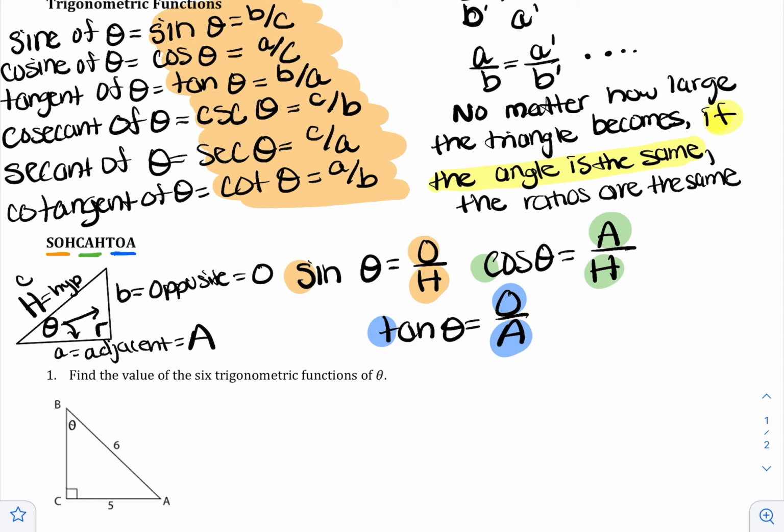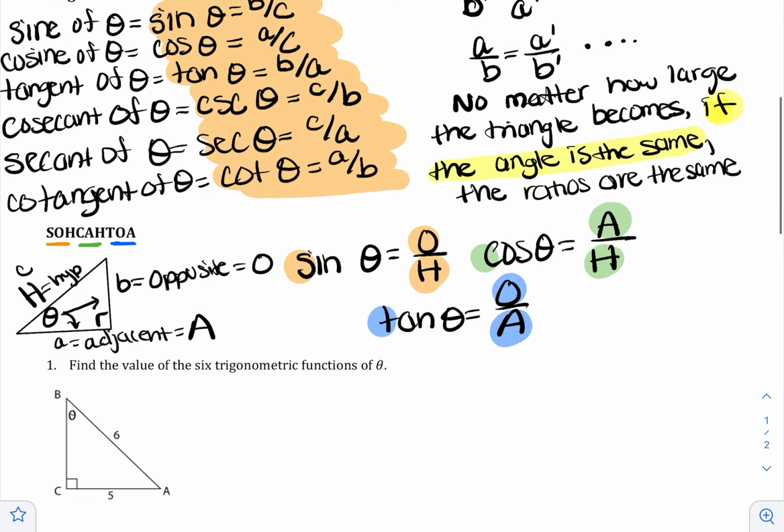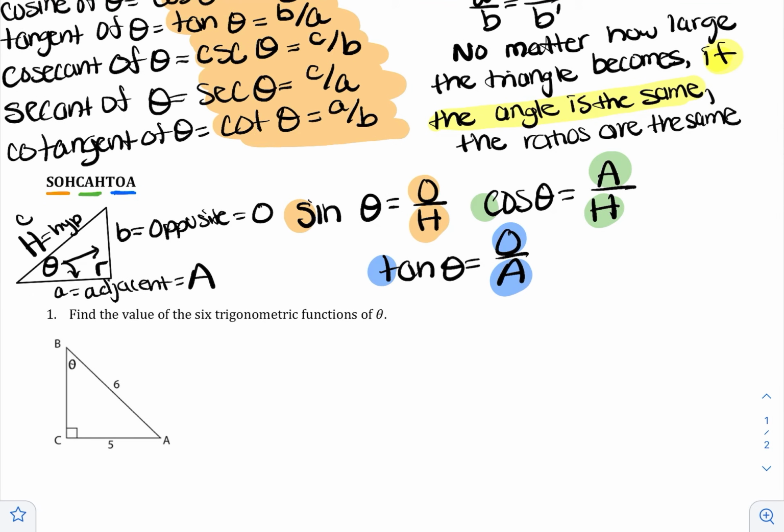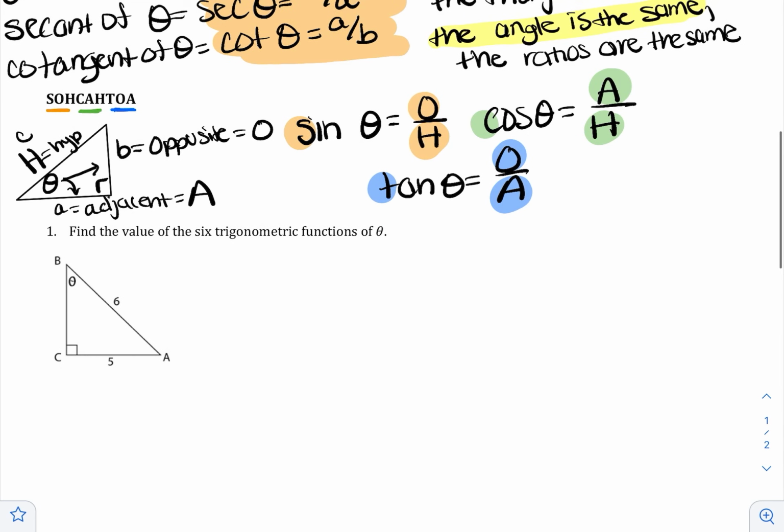Now, what's important to notice is that the opposite and the adjacent can switch, because if you wanted to, which I did specifically on purpose in number 1, so if you look at number 1, I put the angle up in the above corner. So the hypotenuse will never change. The hypotenuse is always the one across from the right angle. But the opposite and the adjacent are the legs.